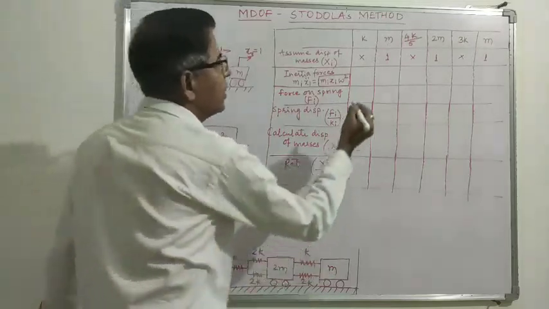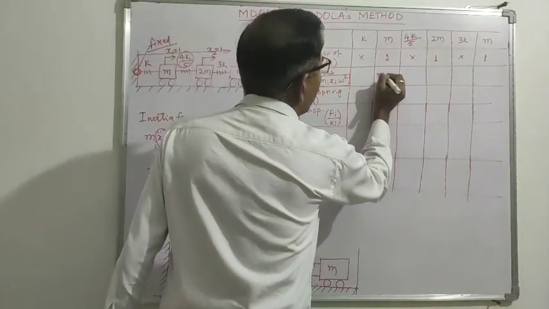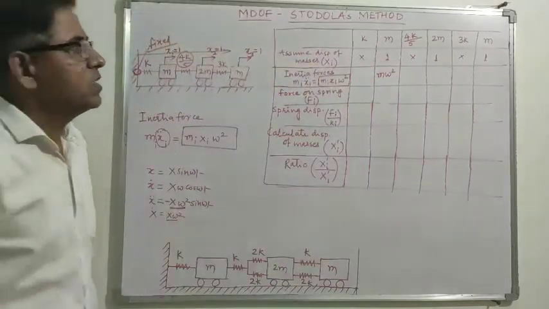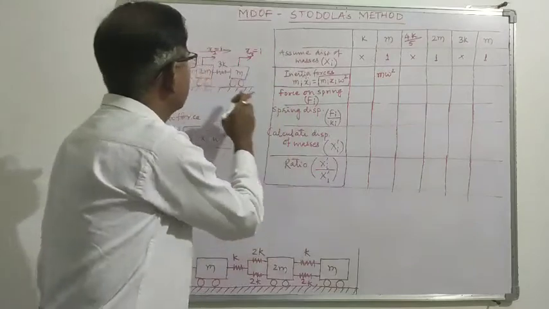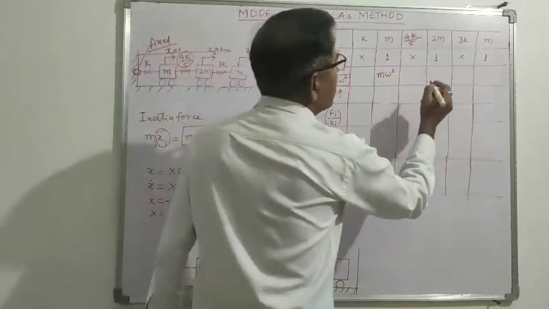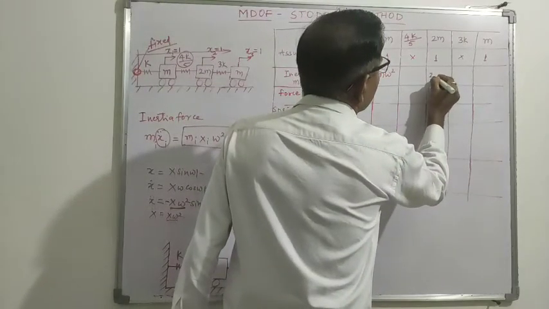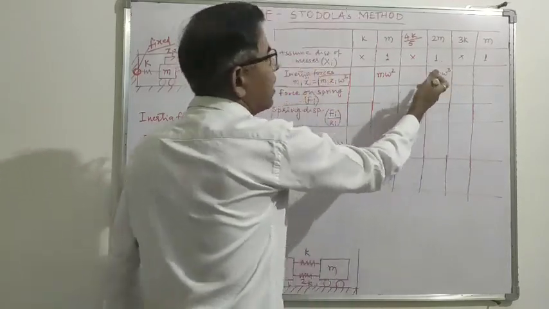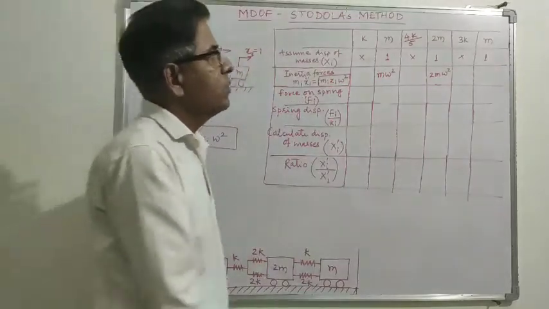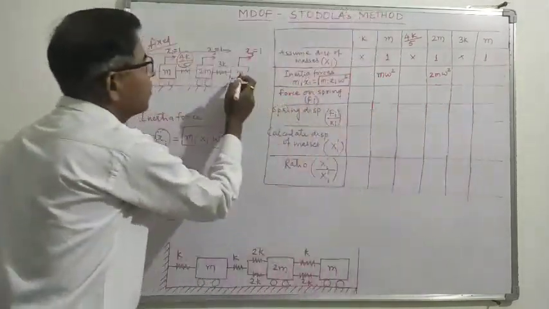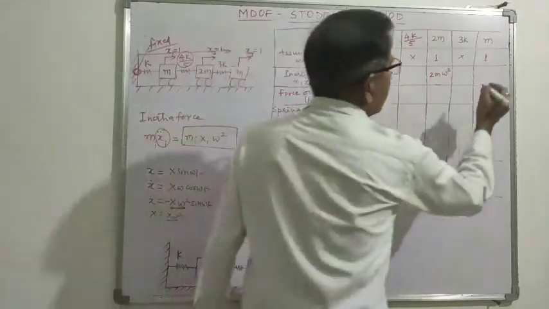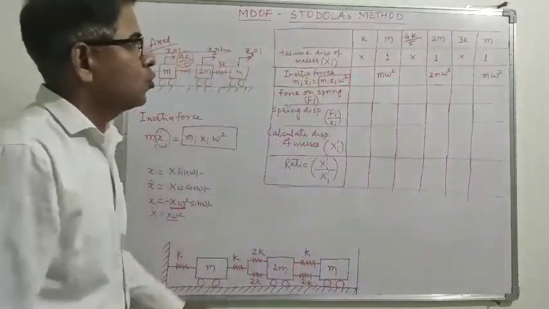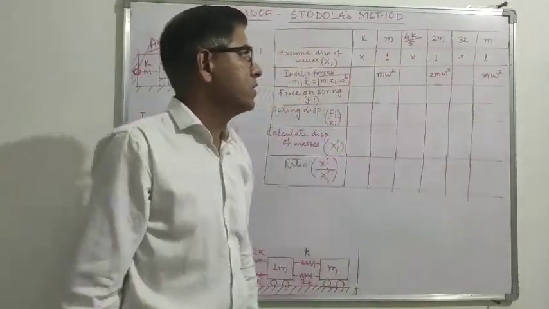So the inertia force will be m omega square because x is 1. Similarly, the inertia force at the second mass is 2m omega square because displacement is 1 and mass is 2m. Similarly, at the third mass, the inertia force is m omega square because x is 1. So these are the inertia forces.